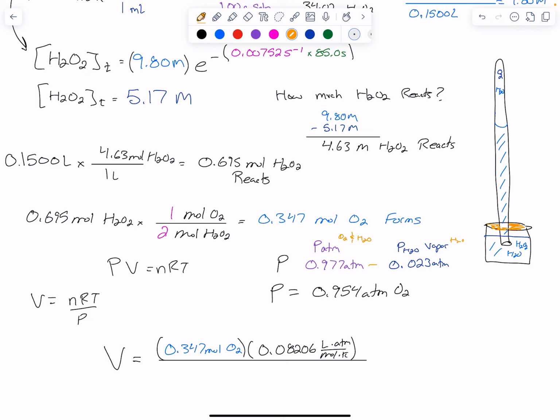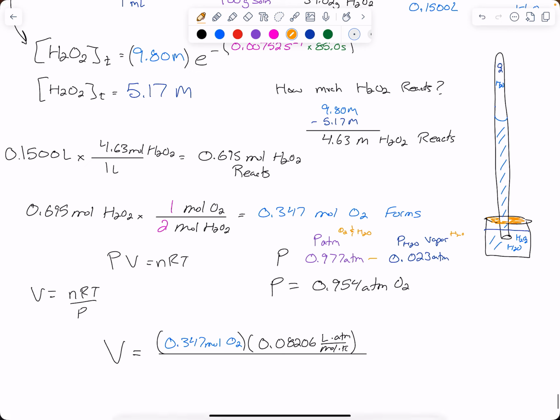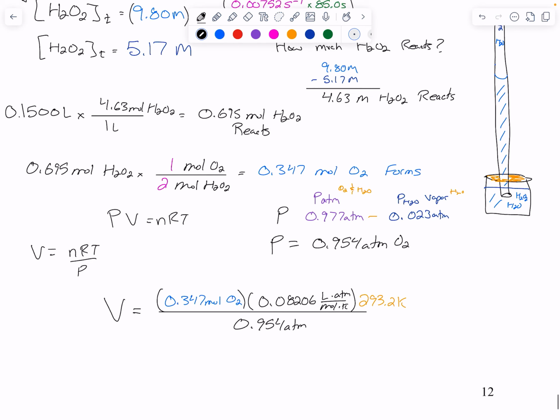Temperature was 20.0 degrees Celsius, which is 273.15 plus 20.0, so that's going to be 293.2 Kelvin. And then our pressure was 0.954 atmospheres. So that means our volume is going to be 8.75 liters of O2.